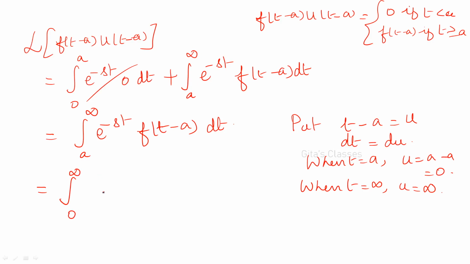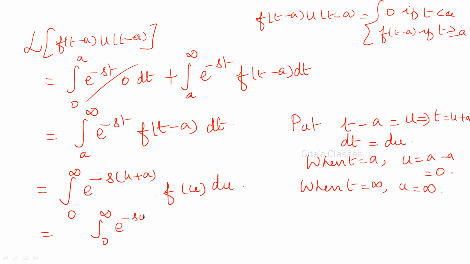Here t minus a is equal to u, which implies t is equal to u plus a, right? So e power minus s into u plus a into f of u into du, right? So this is equal to integral 0 to infinity e power minus su e power minus as f of u du.